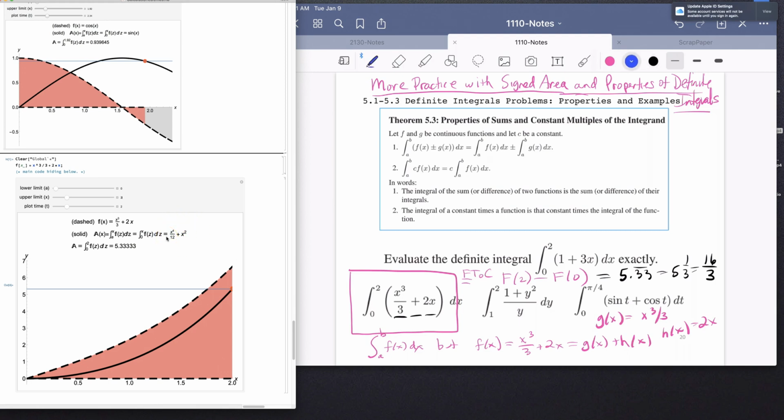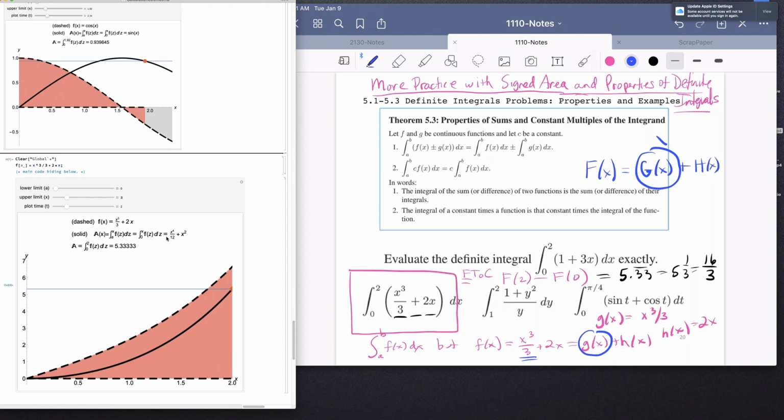And what we're essentially seeing here is that this antiderivative, capital F of x, is made up of two other antiderivatives, g of x and h of x, and you can add the antiderivatives together. So when we see x to the 4th over 12, that is the antiderivative of the function g of x, x cubed over 3.